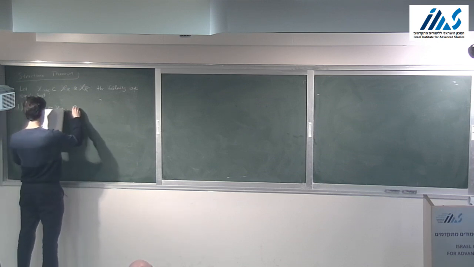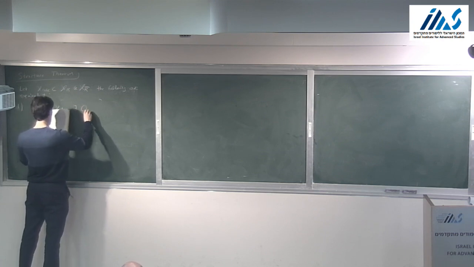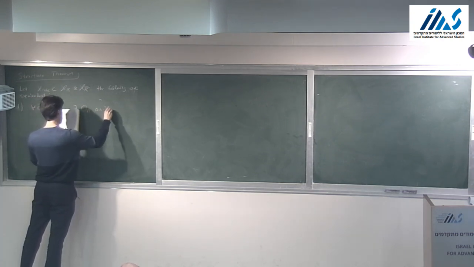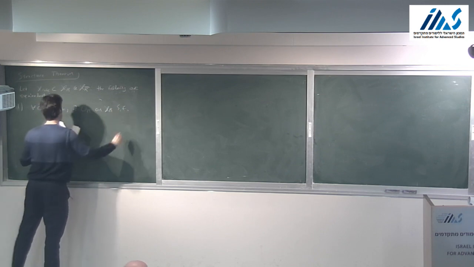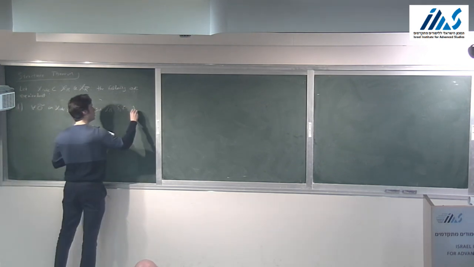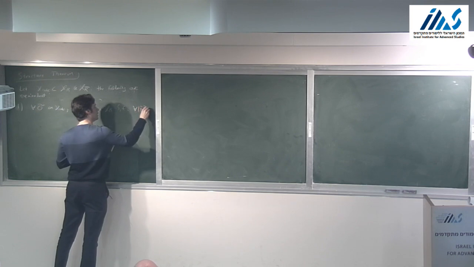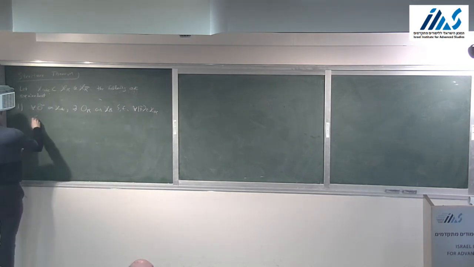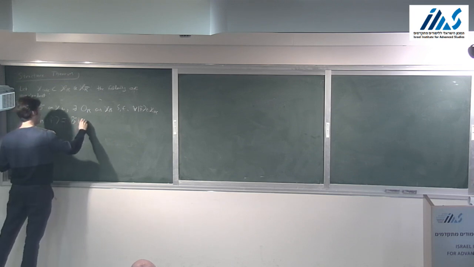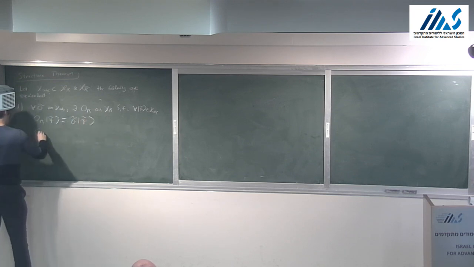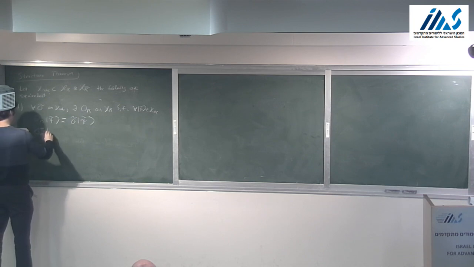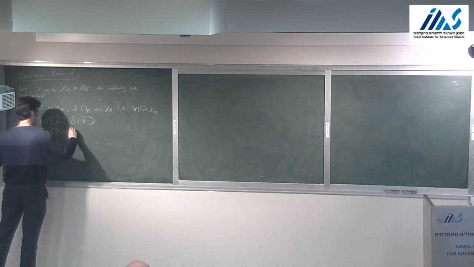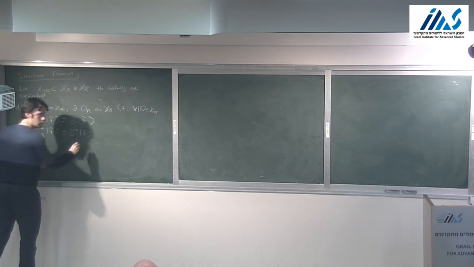Then there exists an OR on HR such that for all psi tilde in H code, we have that OR psi tilde equals O tilde psi tilde, and OR dagger psi tilde equals O tilde dagger psi tilde.